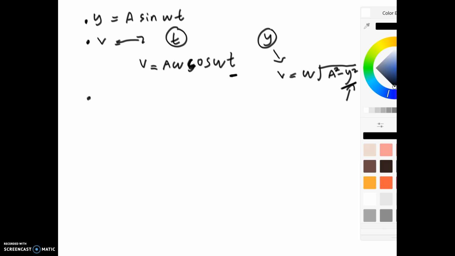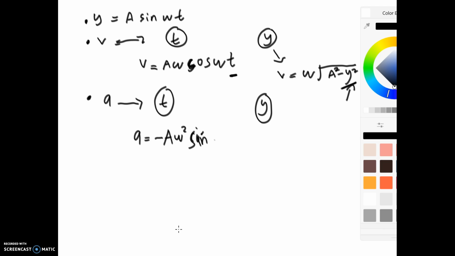Then we also have acceleration, again in terms of t and in terms of displacement. You should be able to derive this: a is equal to negative A omega squared sine omega t, and in terms of y, a is equal to negative omega squared y.